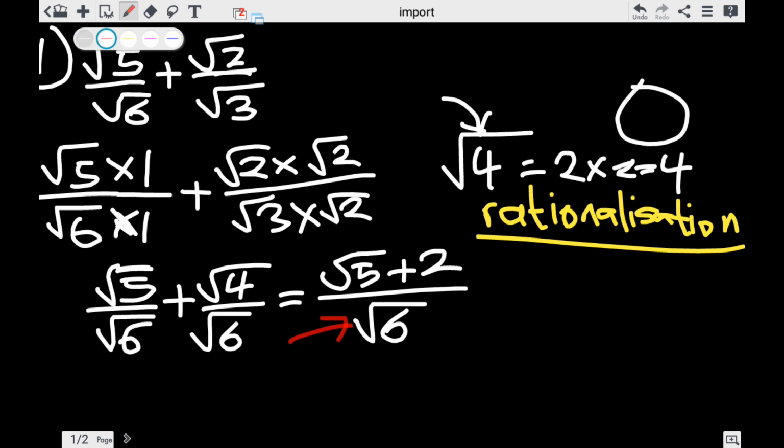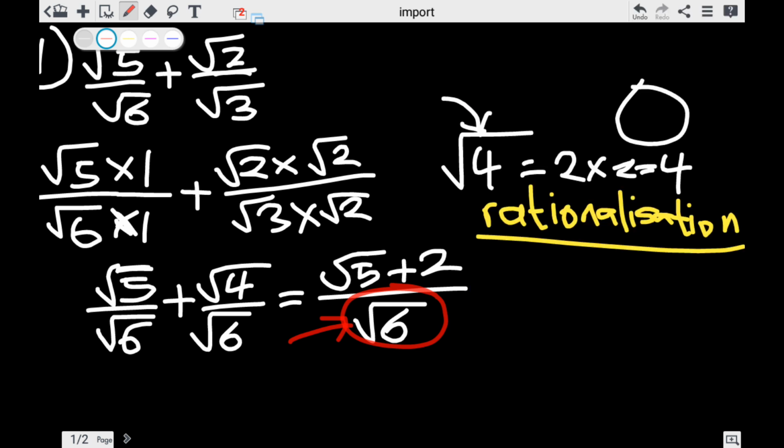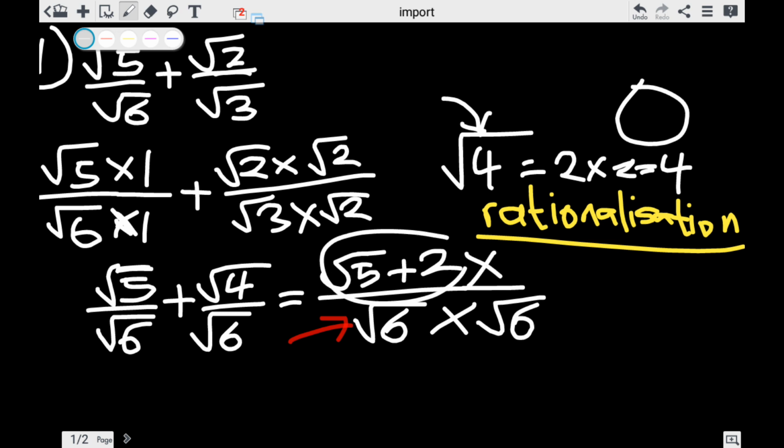Whenever you see the square root symbol at the denominator side of the fraction, you want to take it up. So you are going to remove the square root symbol from that axis by doing what? By multiplying everything: the denominator root 6 by root 6, and everything here, root 5 plus 2, by root 6 as well. So that is how we rationalize.